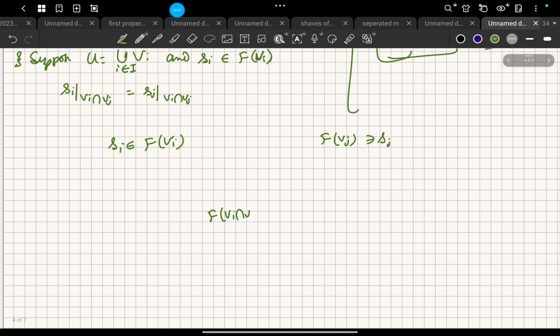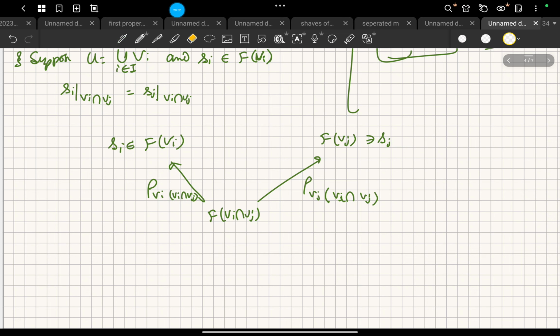So there is always a group homomorphism from F of Vi to F of Vi intersection Vj, and likewise for F of Vj. We denote it as rho Vi, Vi intersection Vj.